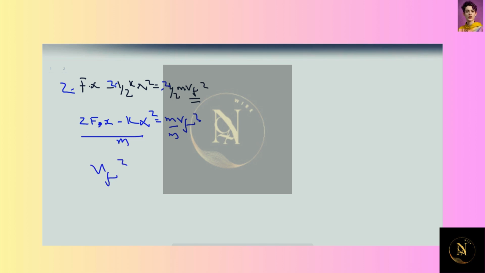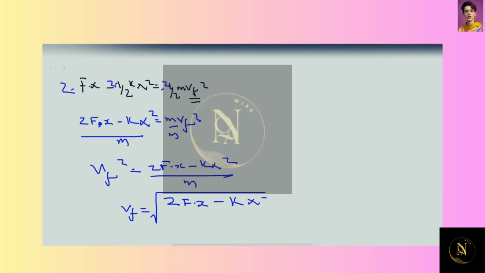And so v final squared equals 2 F times x minus kx squared all over m. So if we want to get the final velocity, we need to get the square root of that. So the square root of 2 times the force times the displacement minus k x squared over m.